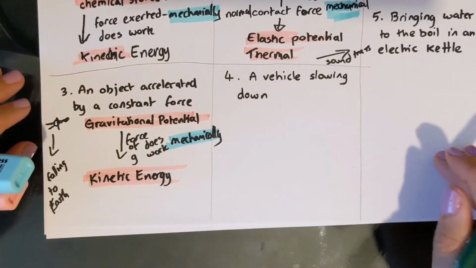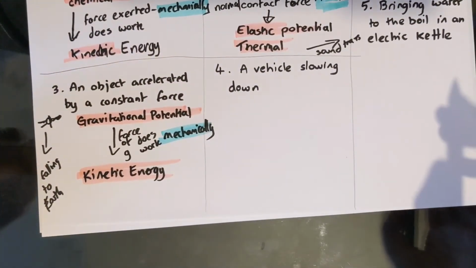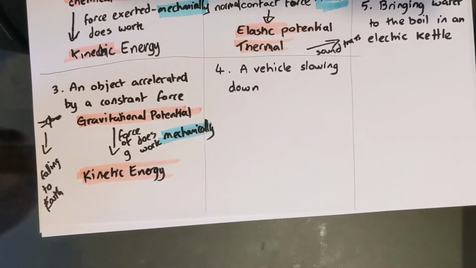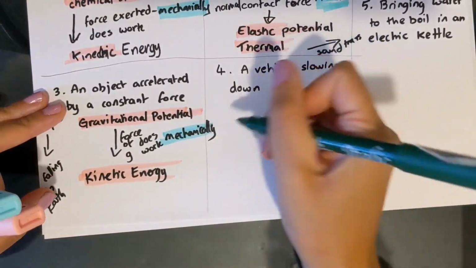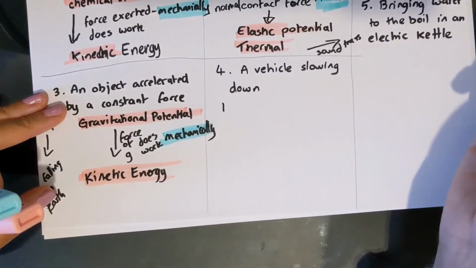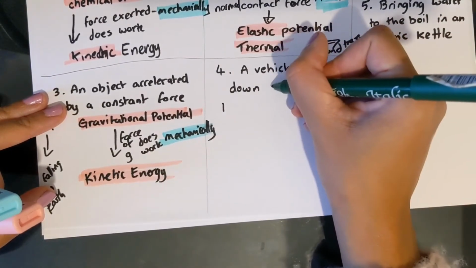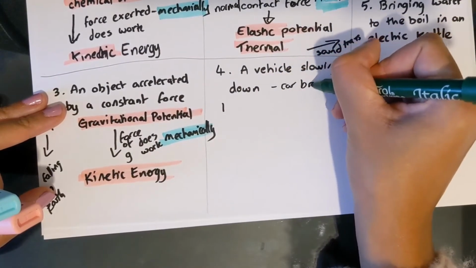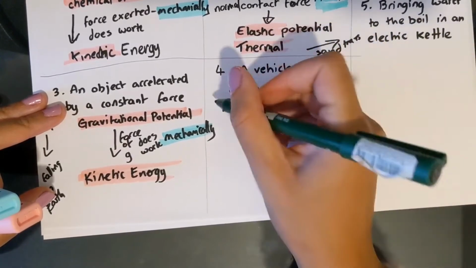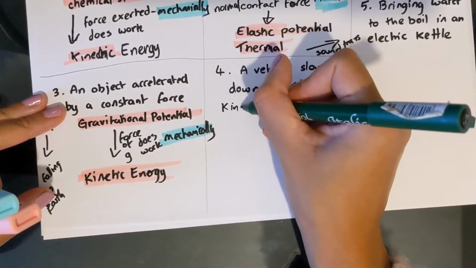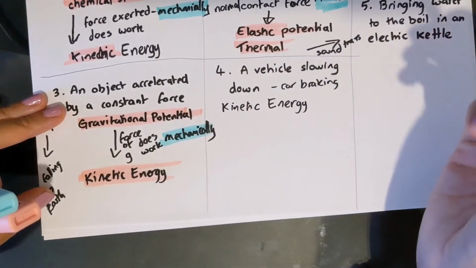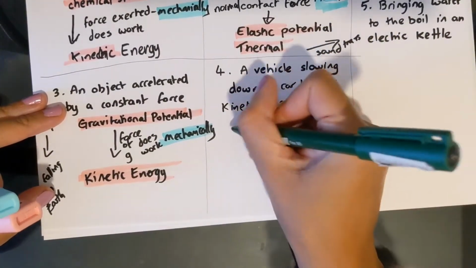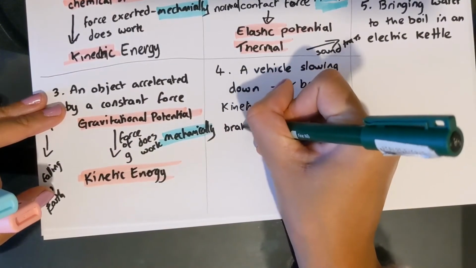Fourth one then, a vehicle slowing down. So we have got the kinetic energy store of the wheels, haven't we, in the vehicle slowing down. So we've got a car braking, decelerating. So kinetic energy of the wheels. The brakes apply a force, which is friction.